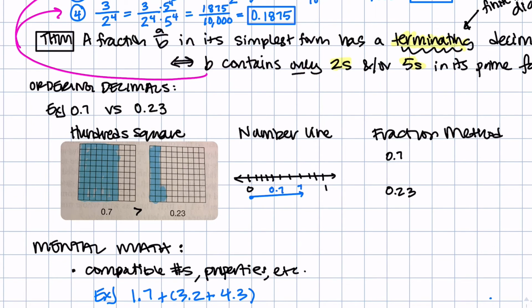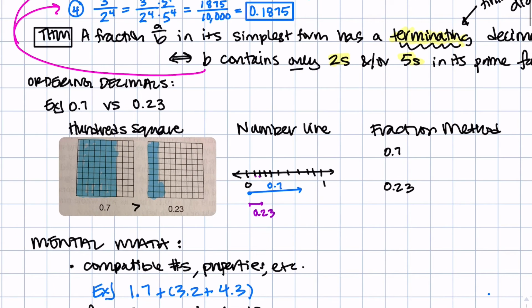I could do the same thing with 0.23, and it's going to be a little bit bigger than 2 of those tick marks. And I can see using this number line that the line for 0.7 is longer than 0.23. So that also tells me that 0.7 is bigger than 0.23.